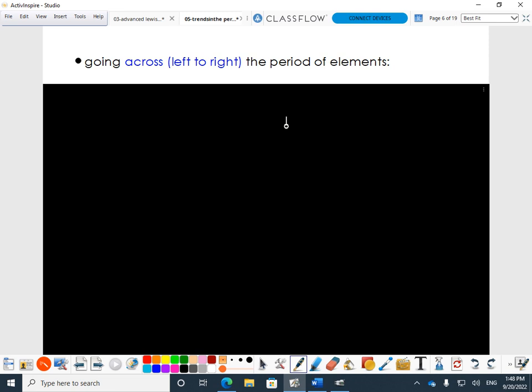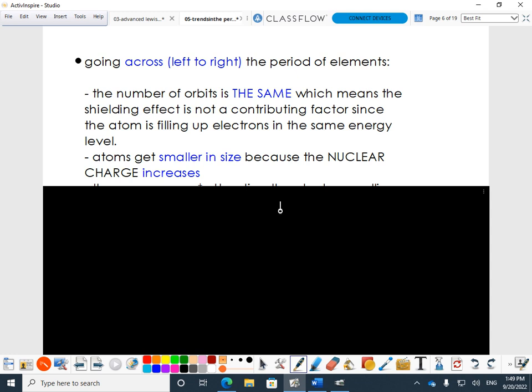So the more protons, or the increasing nuclear charge, because now increasing energy levels isn't a thing when you just go across, the only factor that's changing and influencing the size is the nuclear charge increasing, so the atoms get smaller. And the number of orbits, of course, is the same.